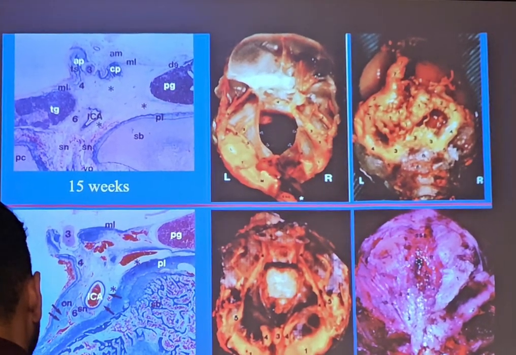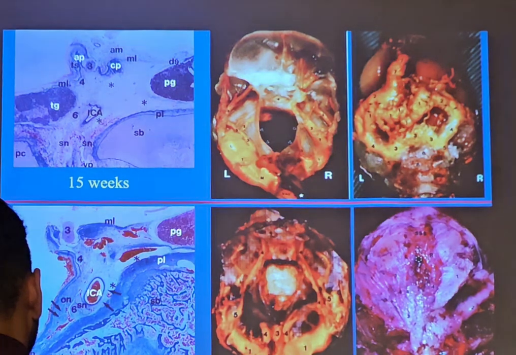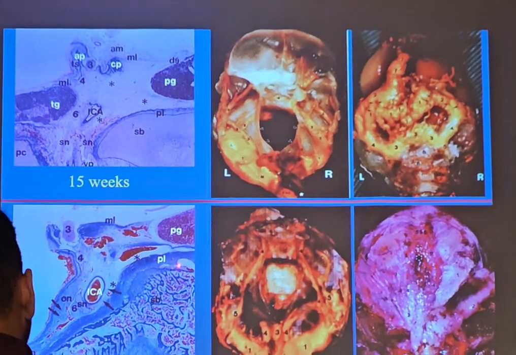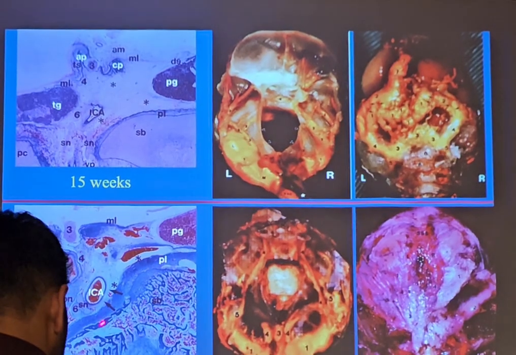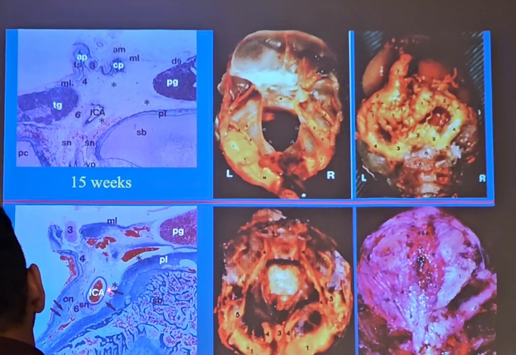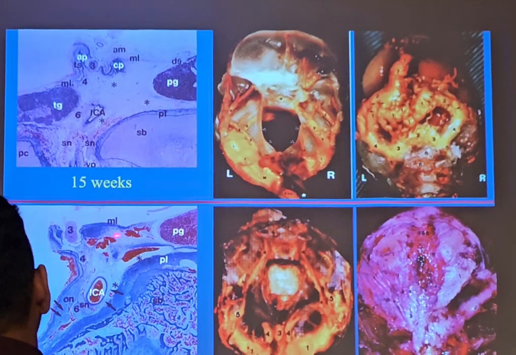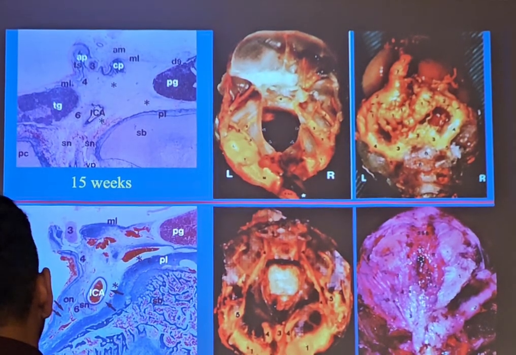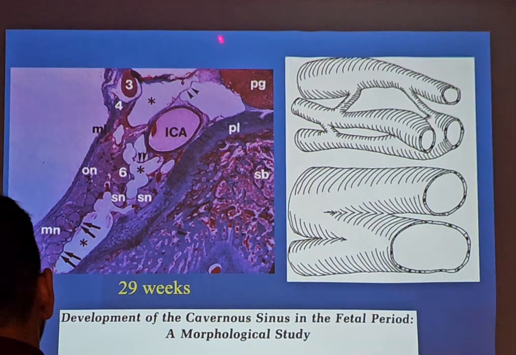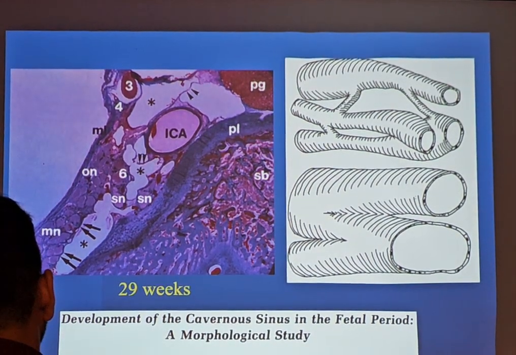The sphenoid bone is more organized and well developed, and you can see the periosteal layer of the dura, and the internal carotid artery is more organized. The sinusoidal venous spaces become larger and eventually fuse together, making venous sinuses.